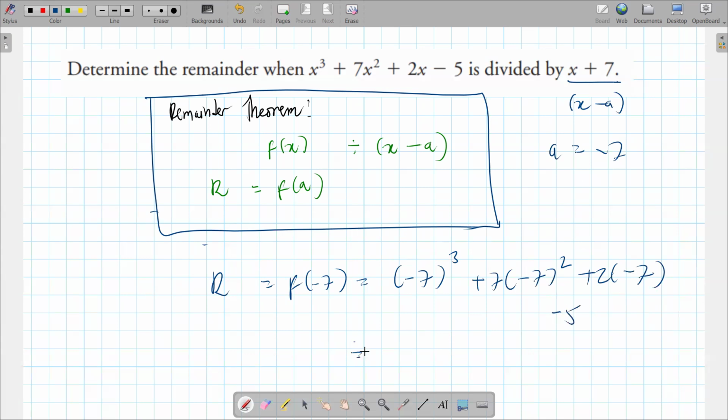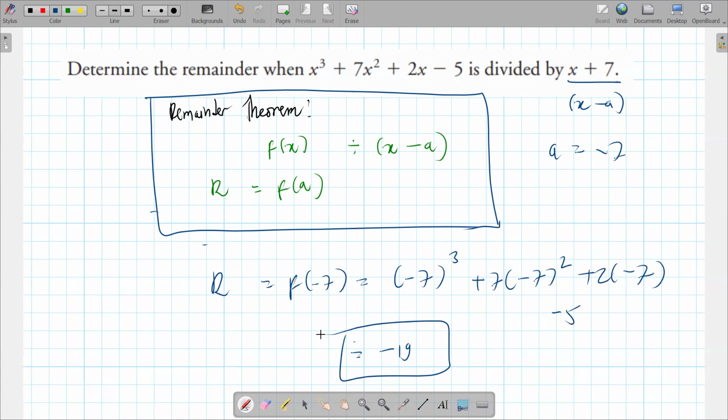So let's see what that equals. I get -19. And that's going to be the final answer. That's it. Very simple once you know what you're doing.